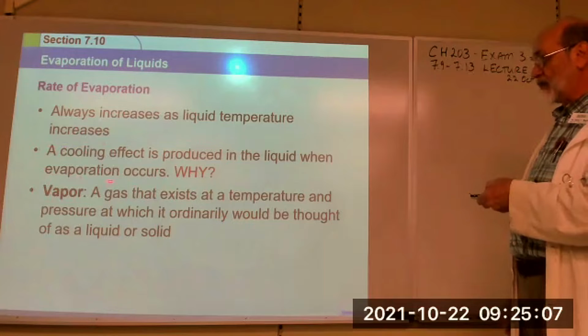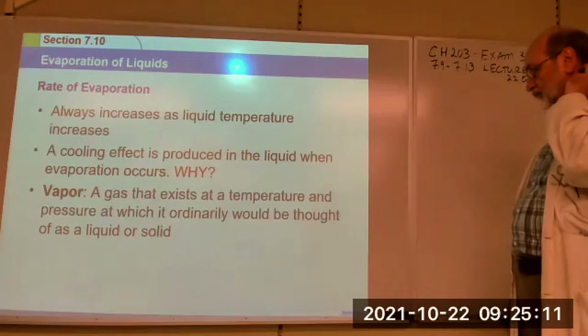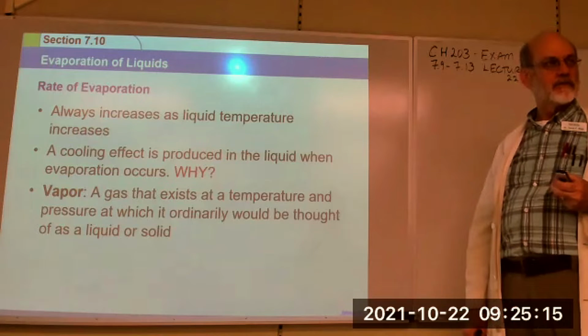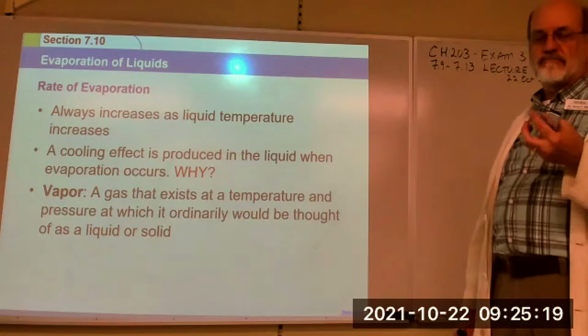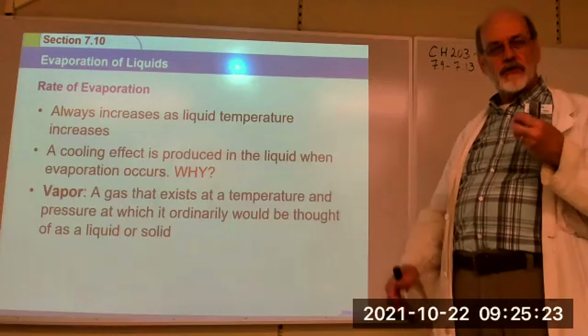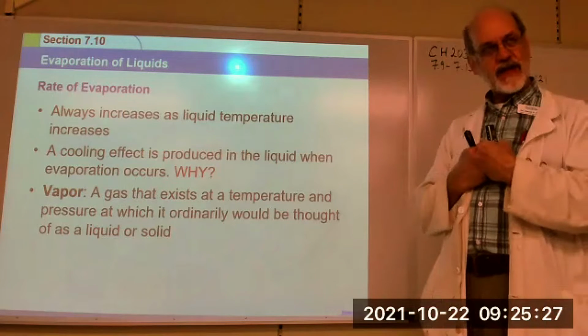And I just described this one, the cooling effect of a liquid when it evaporates. We use that in our air conditioning systems too in the summer. You have some kind of Freon in the system, and it goes through a compressor, and the compressor squeezes it down.